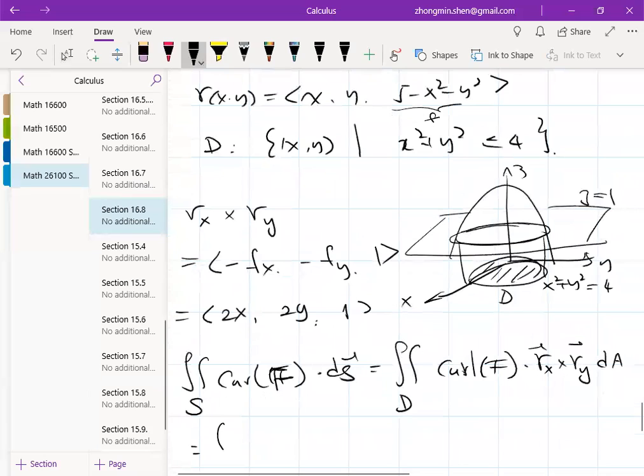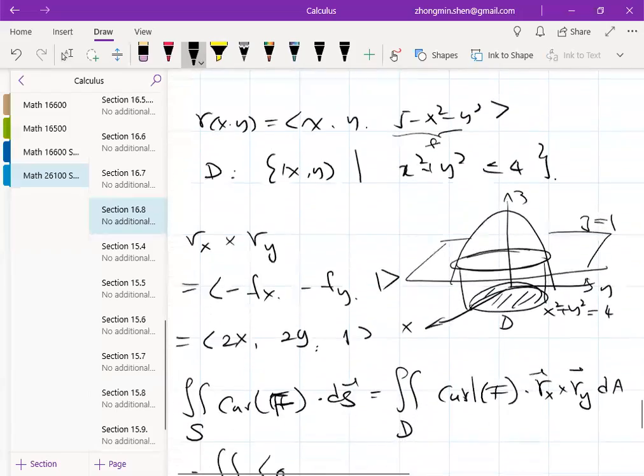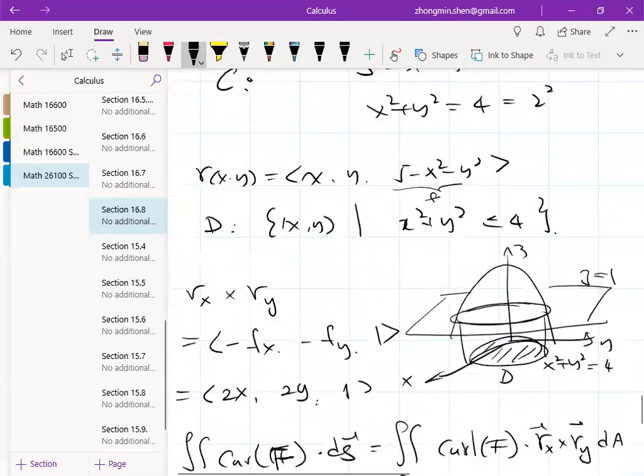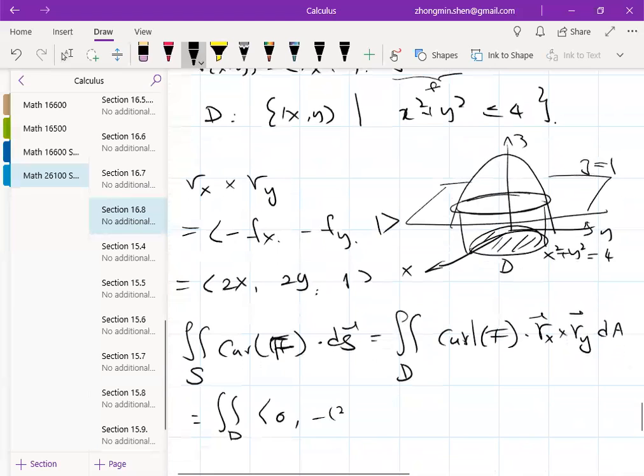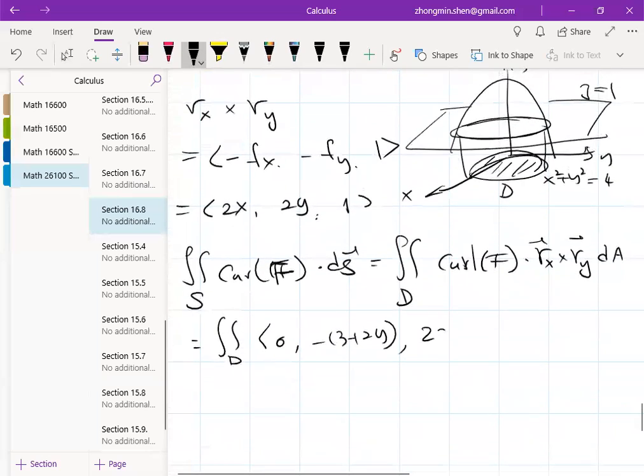Let me write it down: first component 0, second component is negative 3 plus 2y, the third component is 2z. It's harder to memorize. And this will be 2x, 2y, 1, and dA. Not too bad.